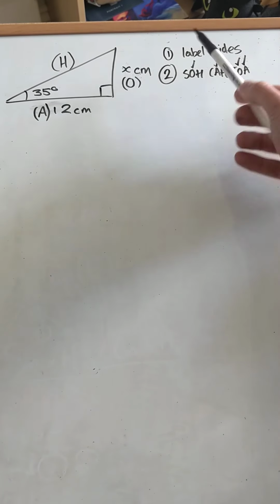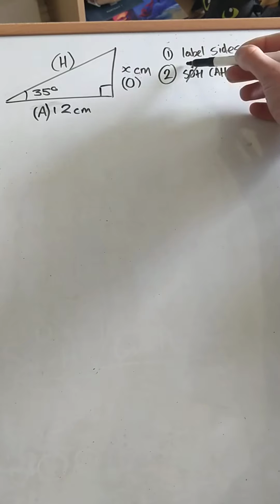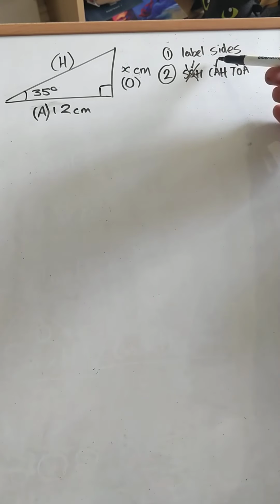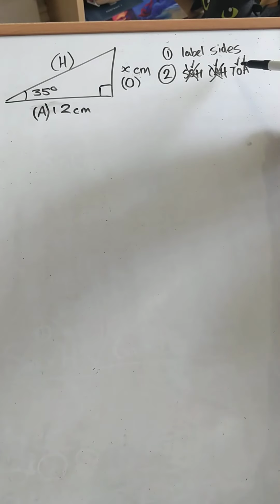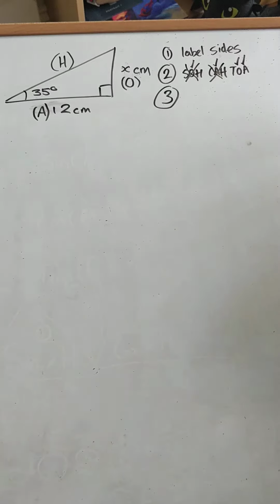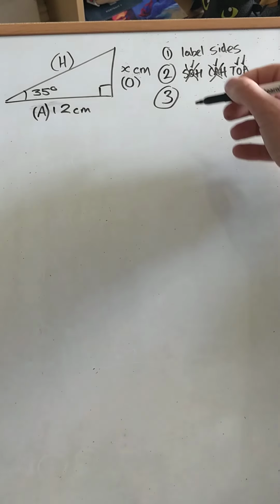I don't have a hypotenuse, so I'm not going to use the sine ratio. I've got the adjacent, but I don't have a hypotenuse, so I can't use cos. Tan has a tick on the opposite and a tick on the adjacent, so that's the ratio I need to use. So the third step is I would then write out that tan ratio.